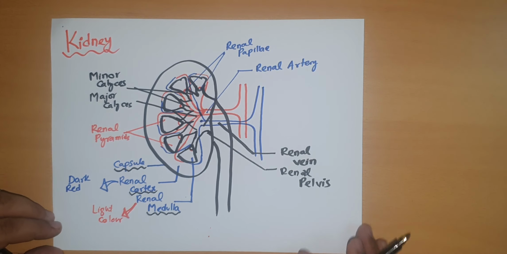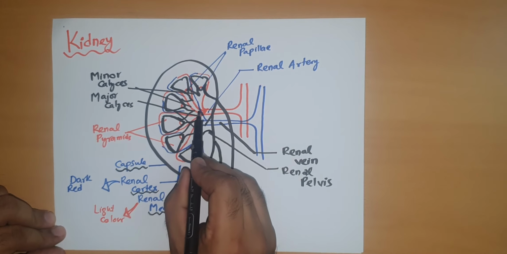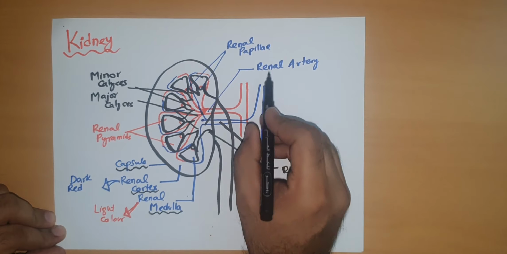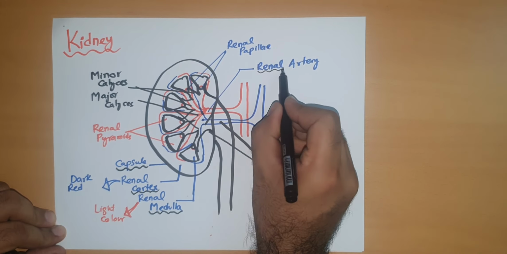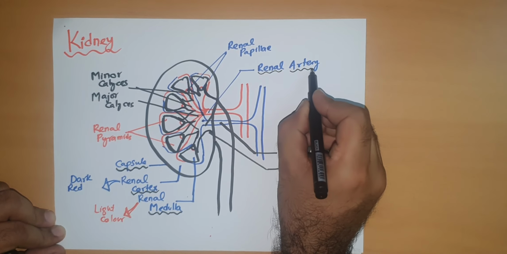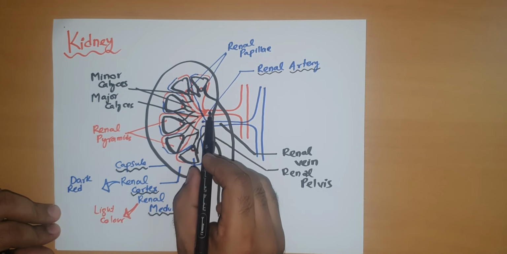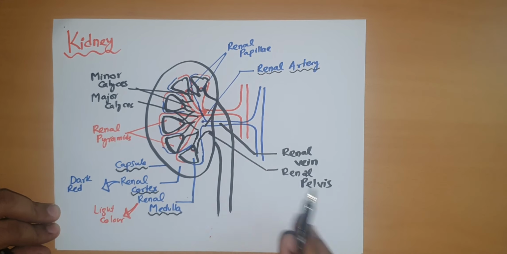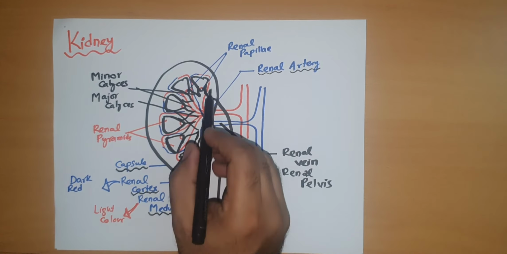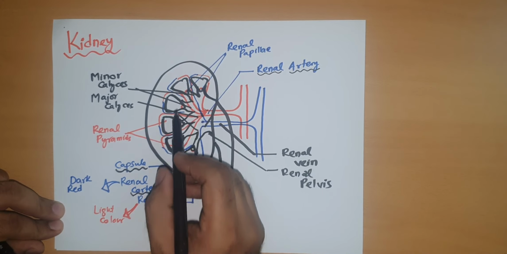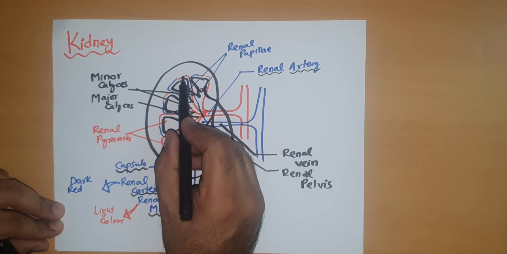Then we discussed that a blood vessel enters inside the kidney, and that blood vessel which is entering is called as renal artery. Then I told you that this renal artery divides into arterioles, and the first one is called as lobar arteriole. Then this one, which is parallel to the base of the renal pyramid, is called as arcuate arteriole.